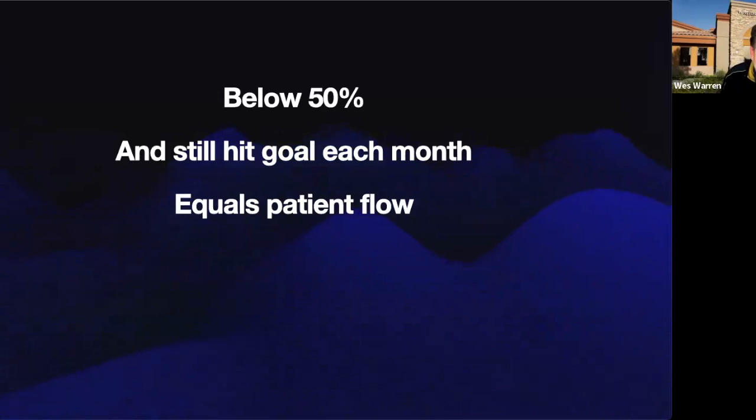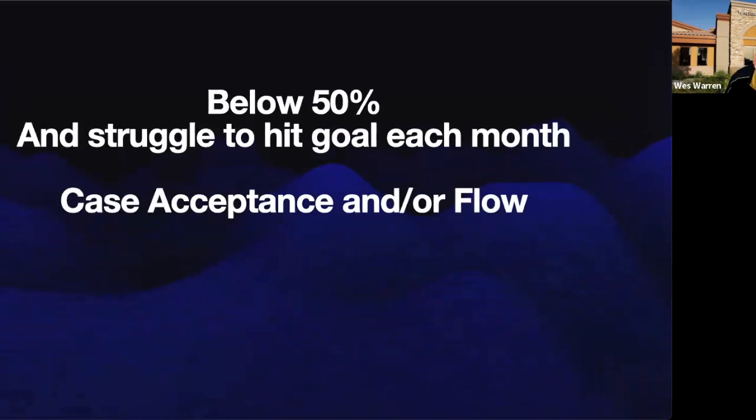Okay, your problem is not a capacity problem. It is a patient flow problem. You need more. You're very efficient is the point. And so this kind of practice really needs to focus on building out hygiene, getting more new patients into the practice. Okay. So it's not a capacity blockage.